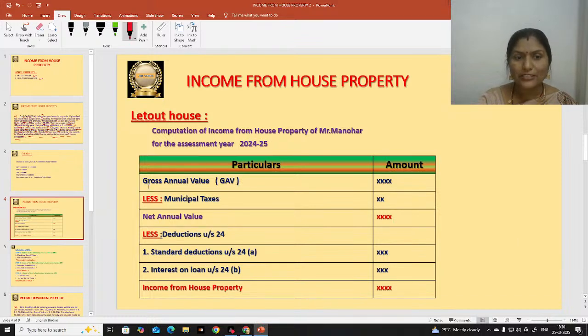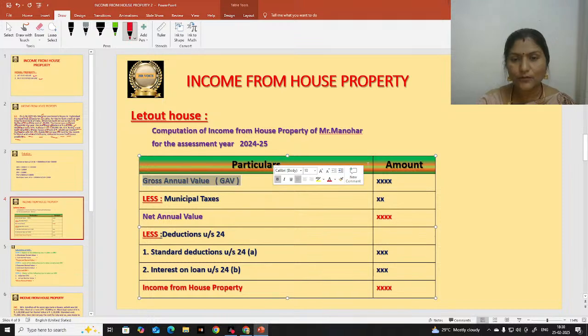So now the first one is gross annual value. We should record the gross annual value amount in the amount column. But will they give it in the question? No, they don't give it. We are going to calculate gross annual value.